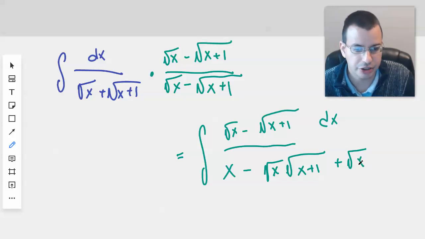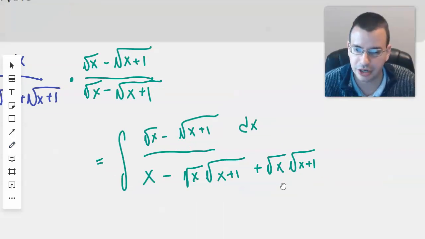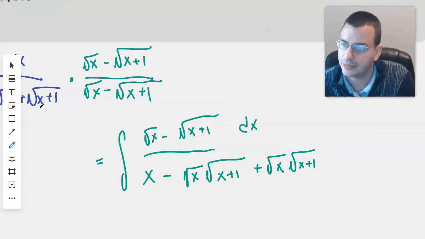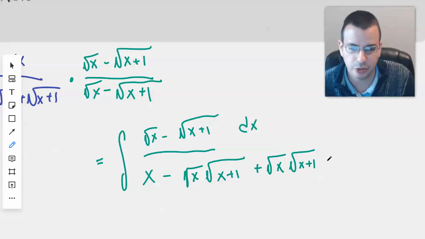These are the parts that are going to cancel out, which is nice because I wasn't quite sure how to solve them otherwise. Then we're left with square root of x plus 1 times negative square root of x, so a negative quantity x plus 1.